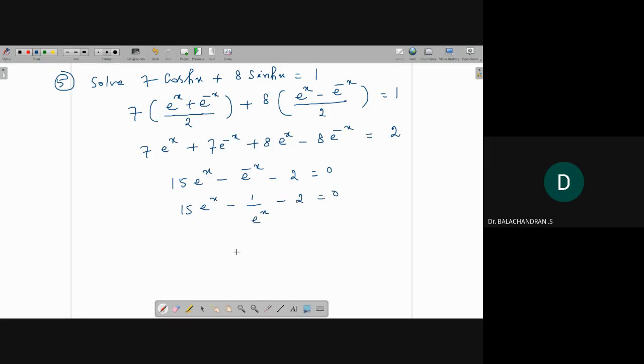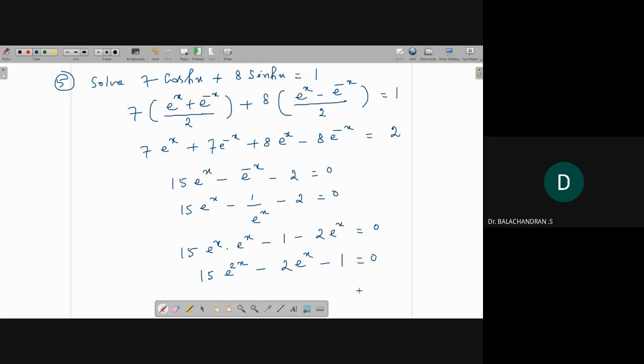Throughout multiply by e power x, and you will get 15 into e power x into e power x minus 1 minus 2 into e power x equal to 0. This is nothing but 15 into e power 2x minus 2 into e power x minus 1 equal to 0.